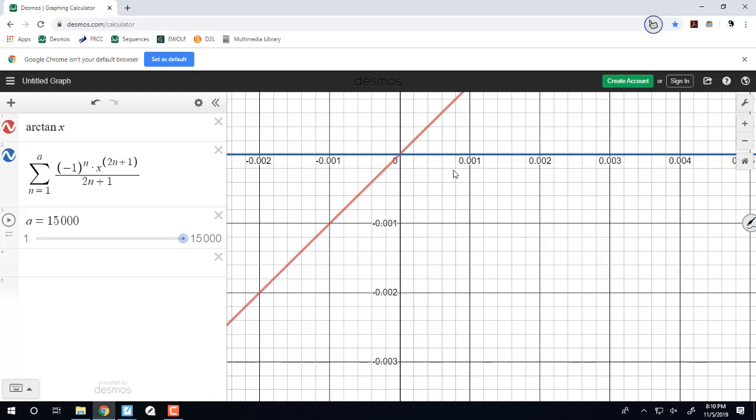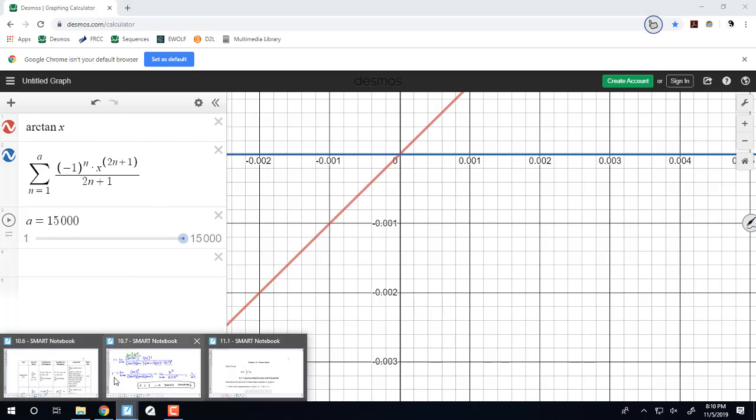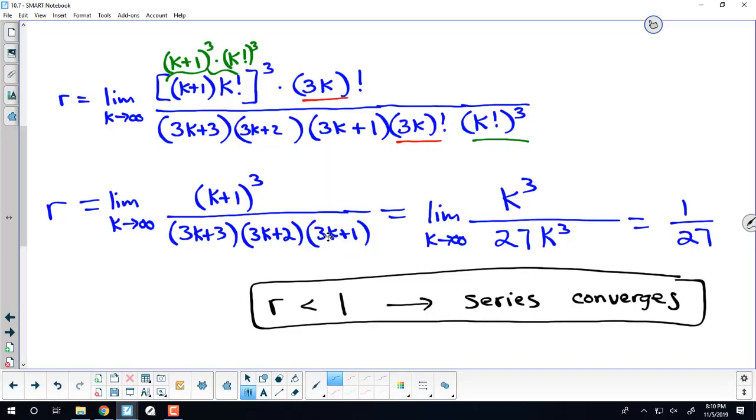So maybe that was a bad example because there's probably a more efficient way to program this. But that's kind of the whole point of all this series stuff, is to do that for us.